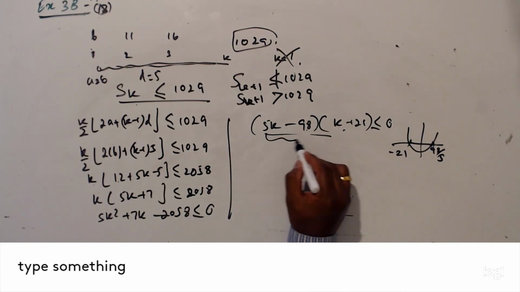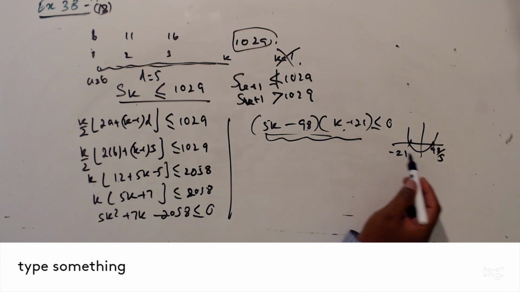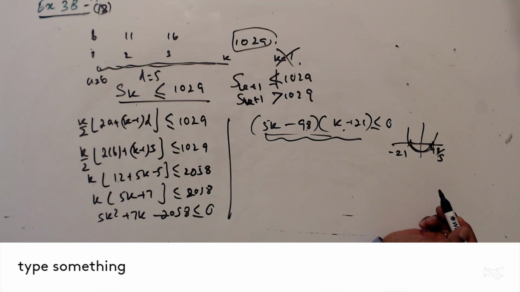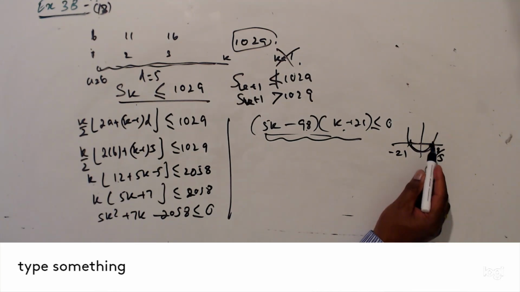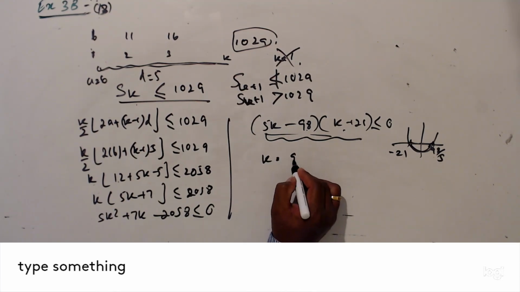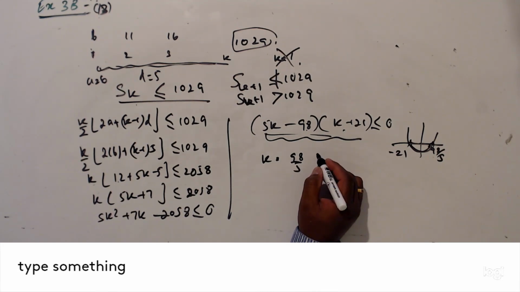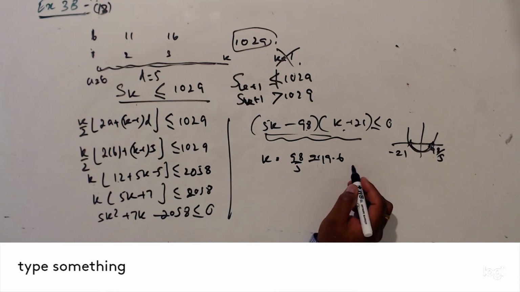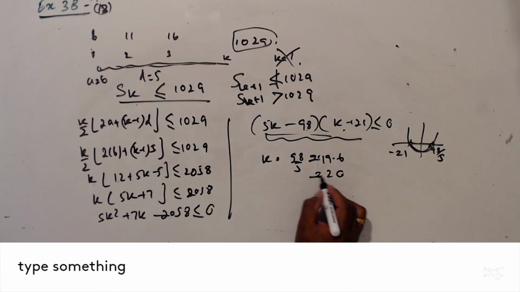The graph is less than 0 in between here. So the maximum value, we can't get negative, so 98 over 5, that is 19.6, approximately 20.